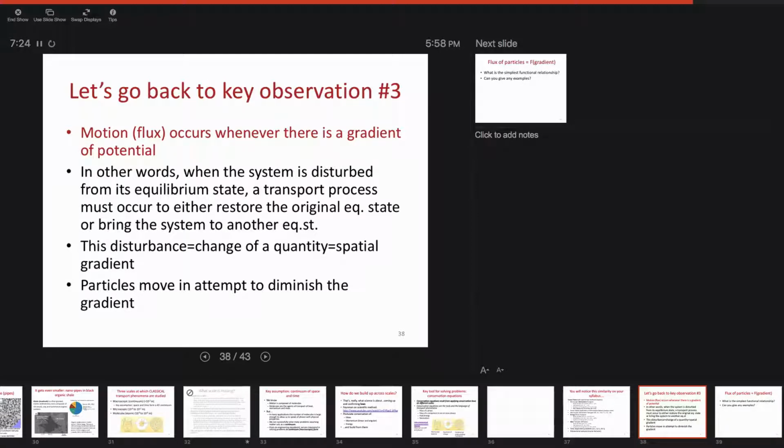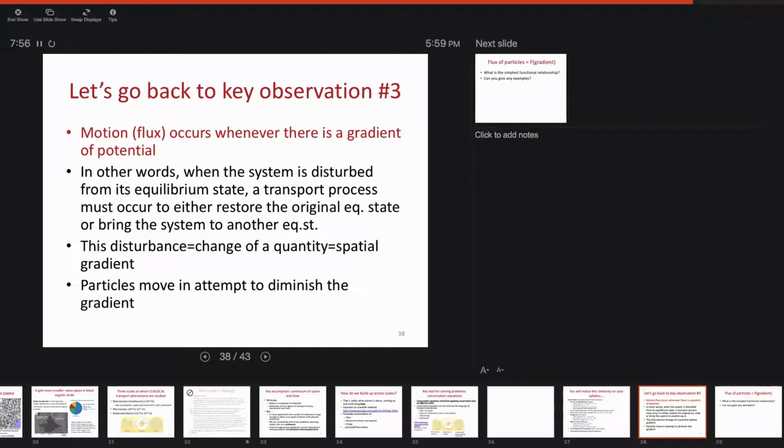So let's go back to the key observations that we had before. When do we have motion? Through all of these tubes and geometries that we're interested in, when do I have motion? My motion occurs whenever there is a gradient of some potential, for instance, pressure. This is our first opportunity to postulate a law. Basically I have some flux, and my particles will move to try to equilibrate that flux and counter it.